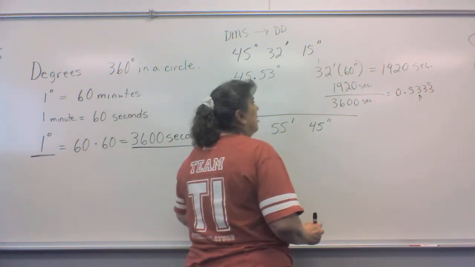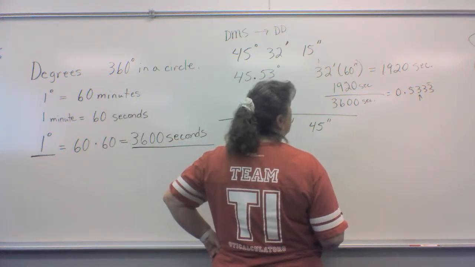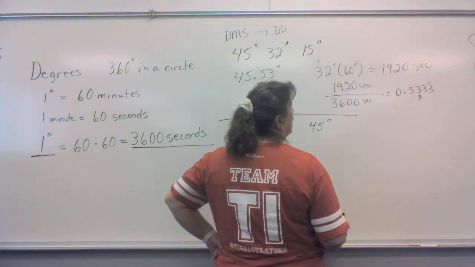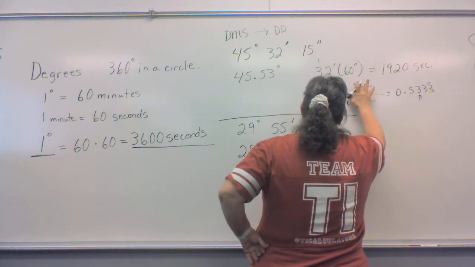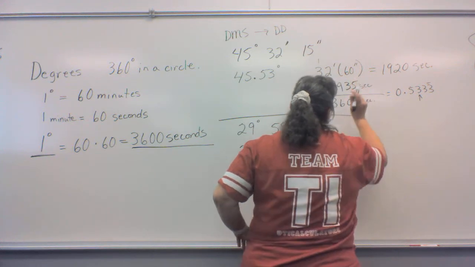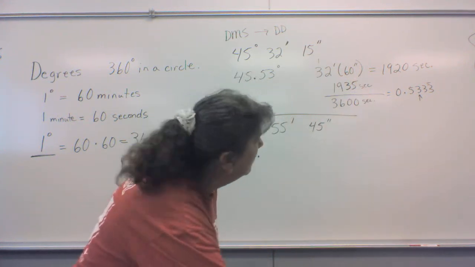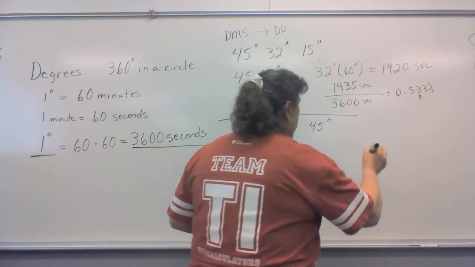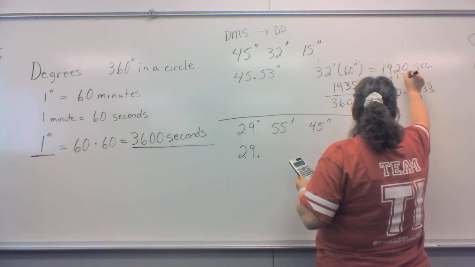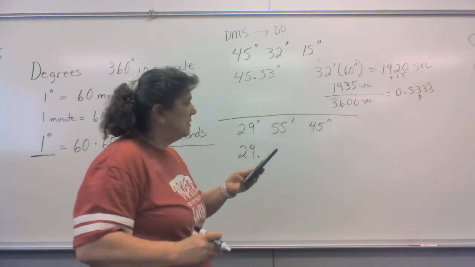Oh, I forgot to finish the other one. I forgot to add my 15 seconds. So this should have been 35, and that's going to change that answer. Let's redo that. Because I had to go 1920 plus 15 for my seconds.